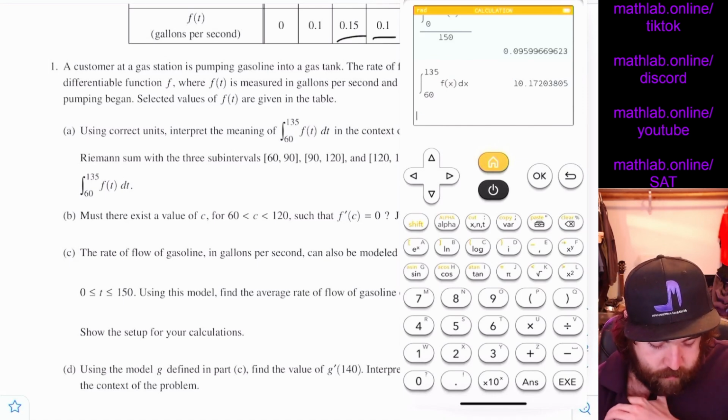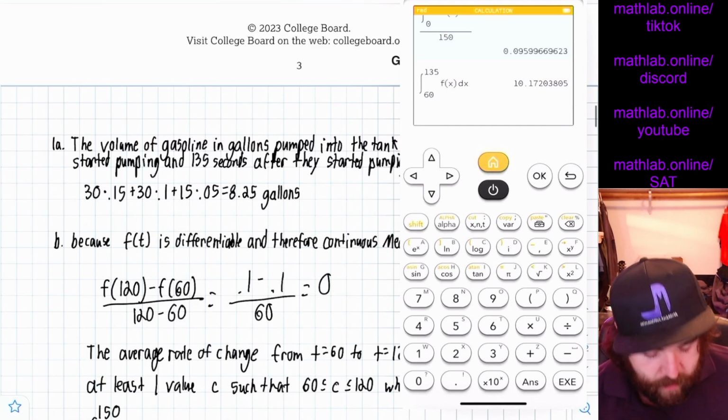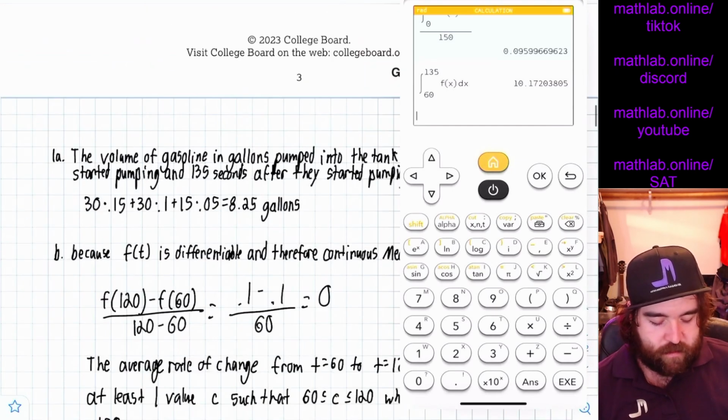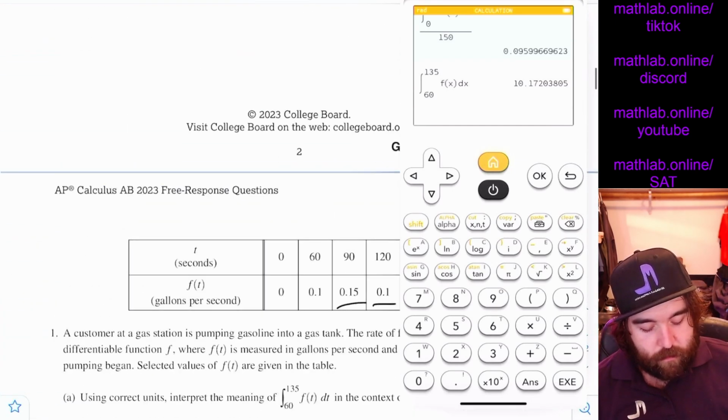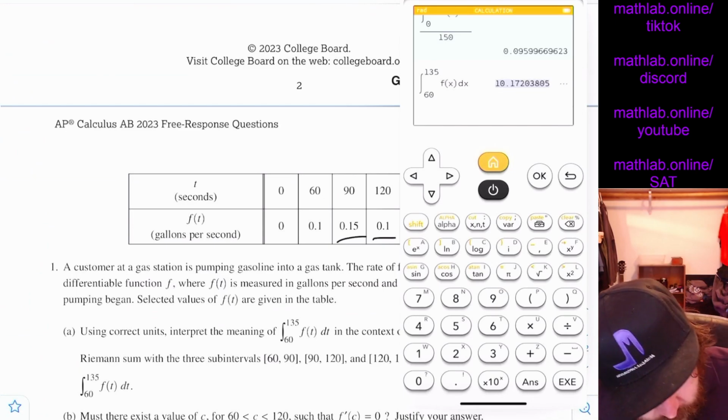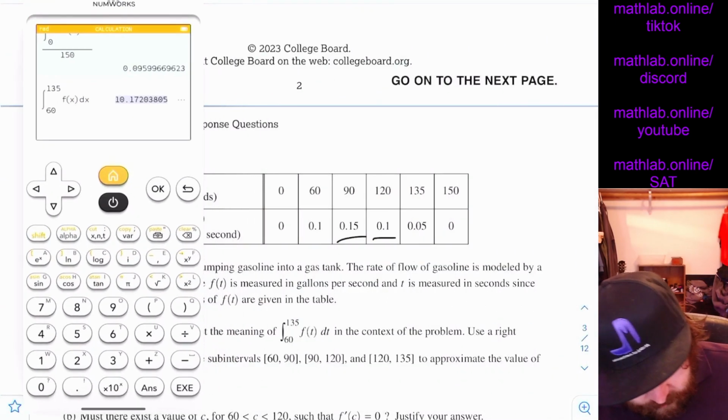I mean, that's more. That's a lot more. But I was also like, we didn't do a good, decent estimation. So when we're talking gallons per second, yeah, I suppose that makes sense.